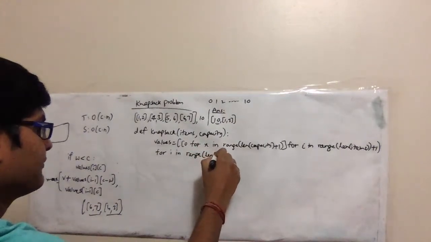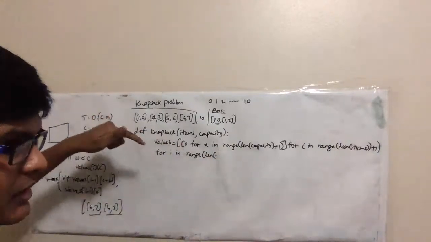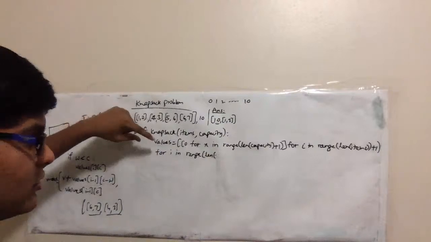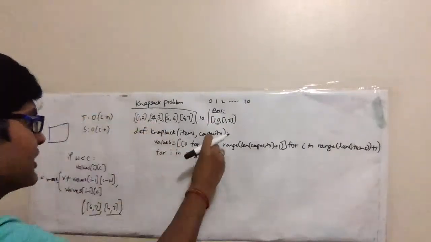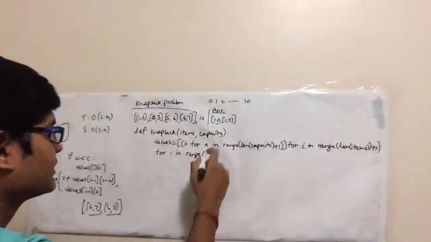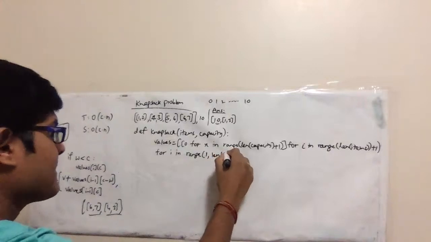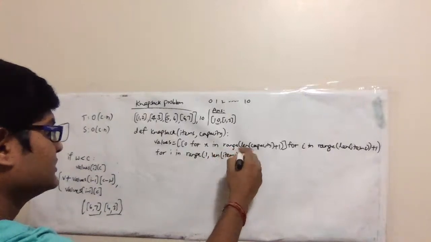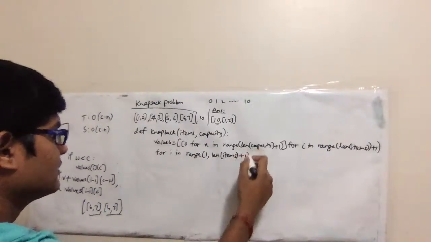By the way, we have already put the zeros, which is obviously the zeros for the first row, so we can just proceed starting with 1 to length of items plus 1.